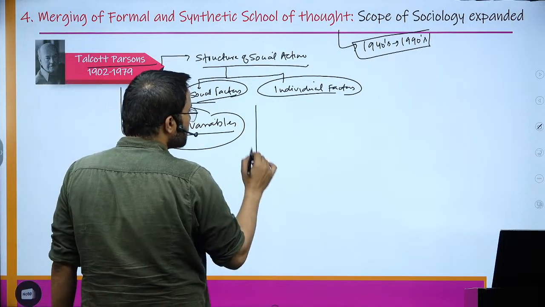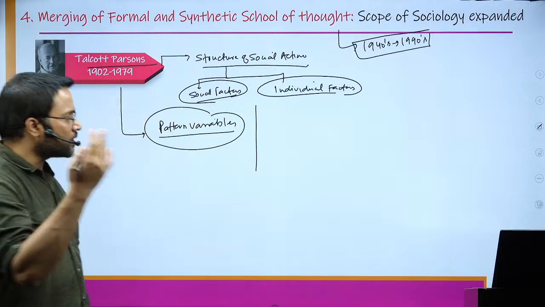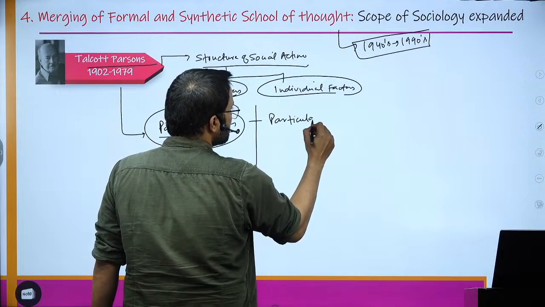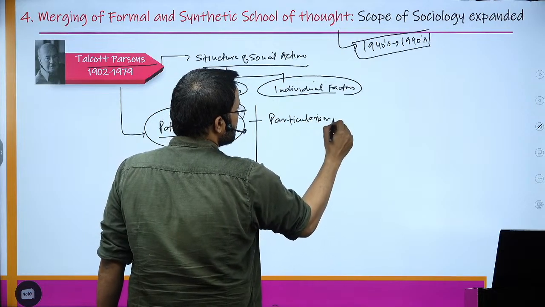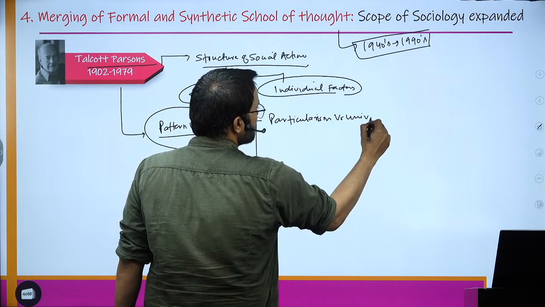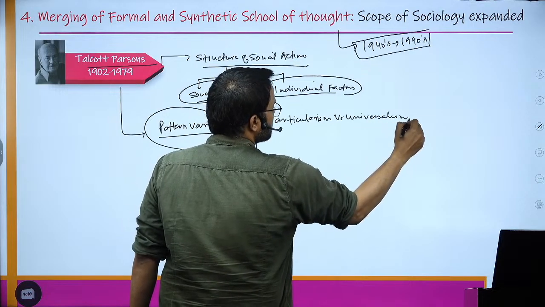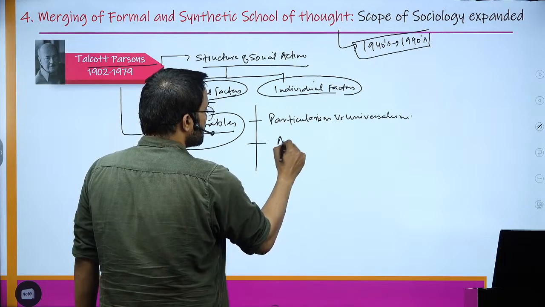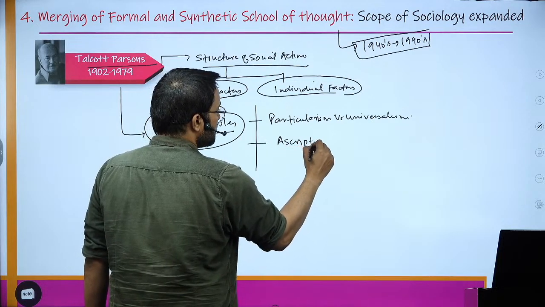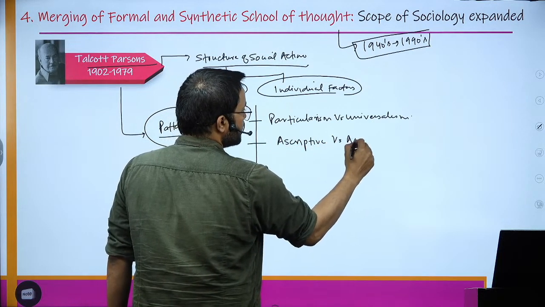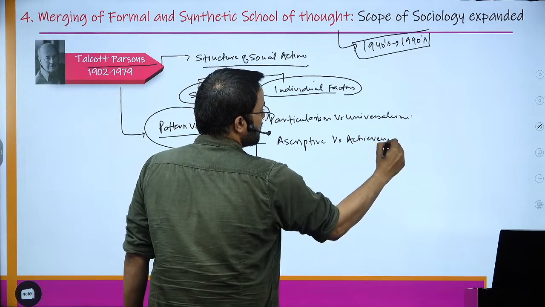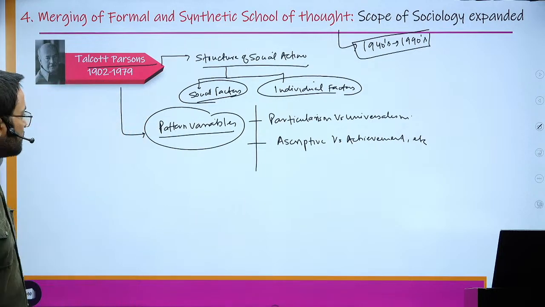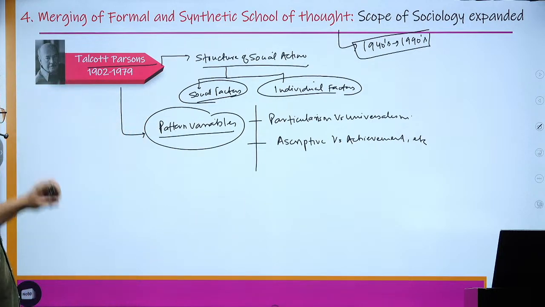He was talking about 5 different pattern variables, just to give one or two, like particularism versus universalism, then ascription versus achievement, and so on. All these things we'll be discussing in our unit 4. There is no need to discuss them in a lot of detail.